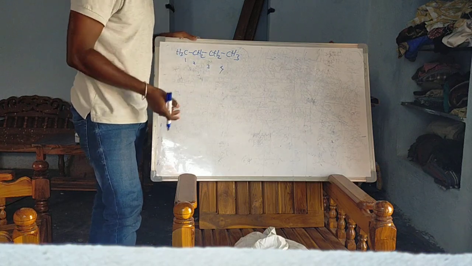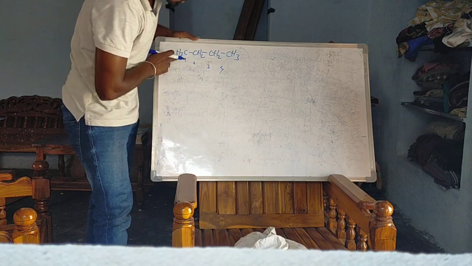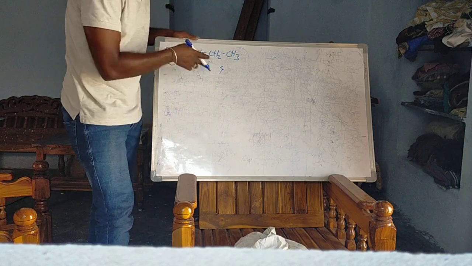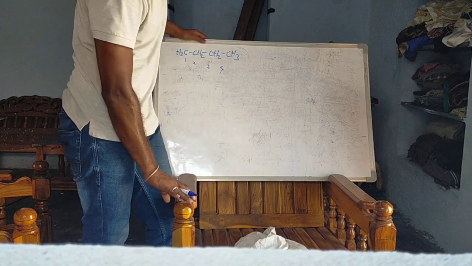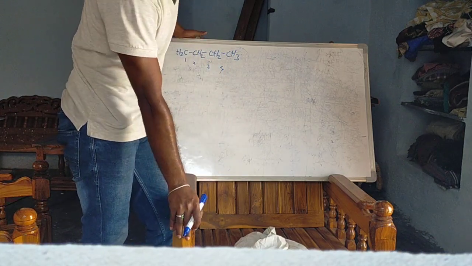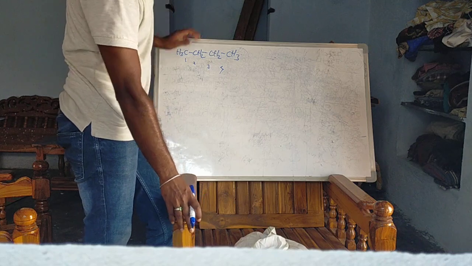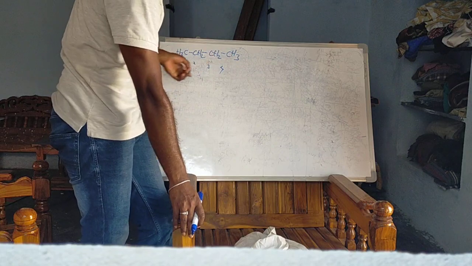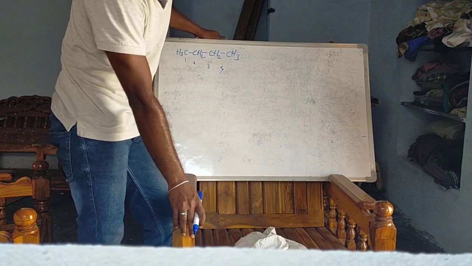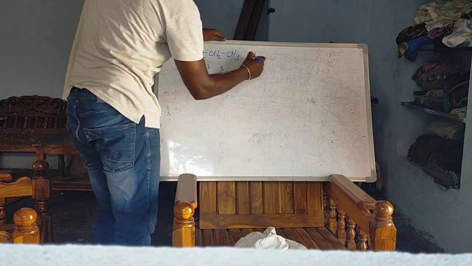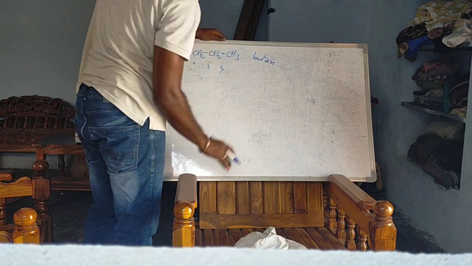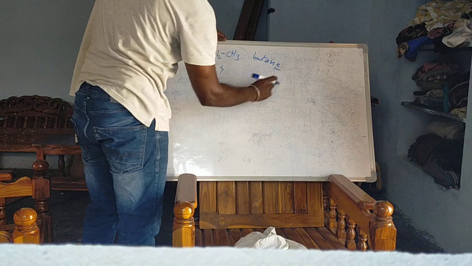In this case I can number in any direction, because numbering from left to right and right to left is the same. There are no substituents or functional groups, so there is no need to follow the lowest number or lowest sum rule. So I can number in either direction. The number of carbons is 4, so the word root is but, and all bonds are single bonds, so the primary suffix is an and the secondary suffix is e.